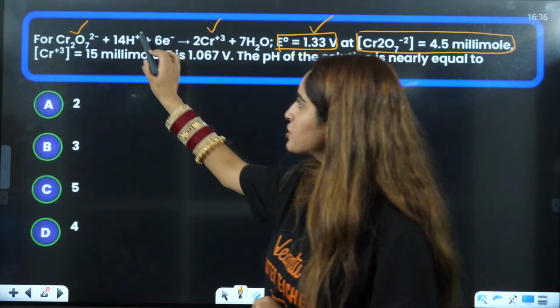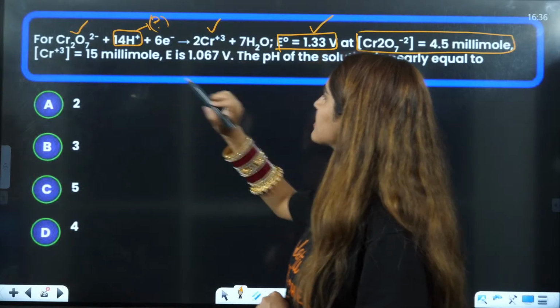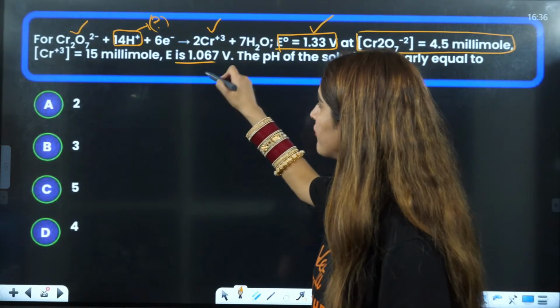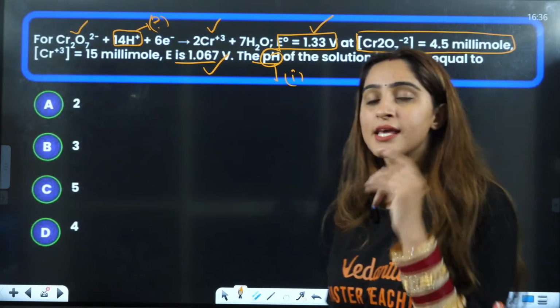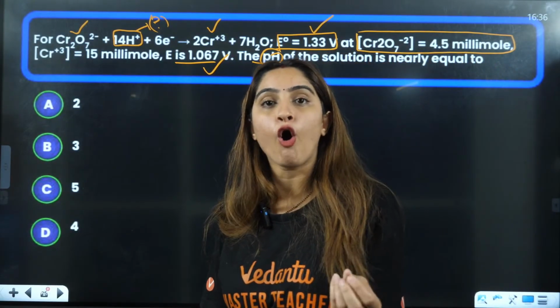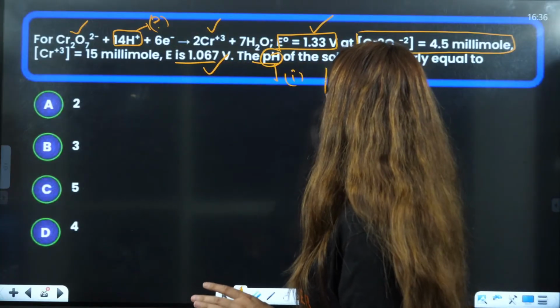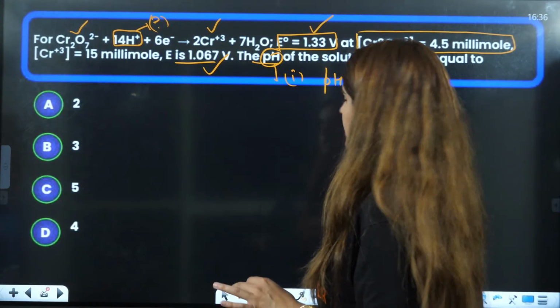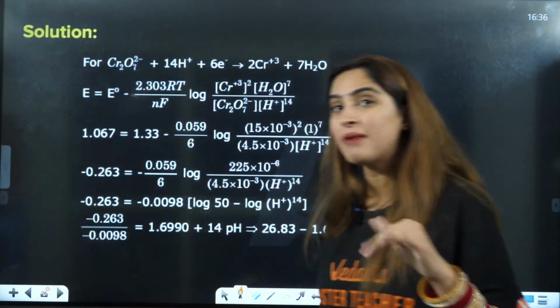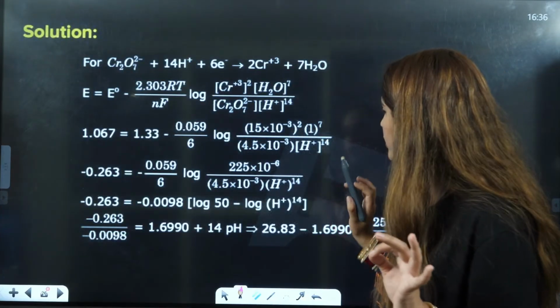Concentration of H positive is not given to us, but E value is given, and they are asking you the value of pH. That means if I am able to calculate the concentration of H positive, pH will be easy, that is minus log of H positive. So calculation might be a task here. Otherwise, I would say that is a good question.